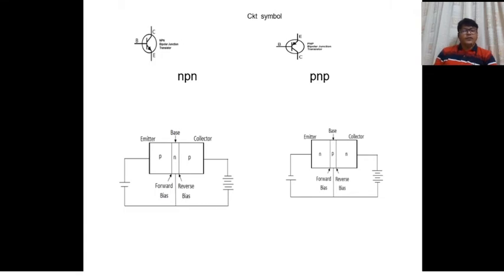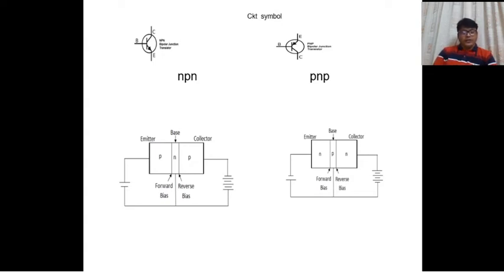The middle portion is called the base. It forms two junctions between the emitter and collector. An NPN transistor is formed by sandwiching a single P region between two N regions, and in case of a PNP, a single N region is sandwiched between two P-type semiconductors.